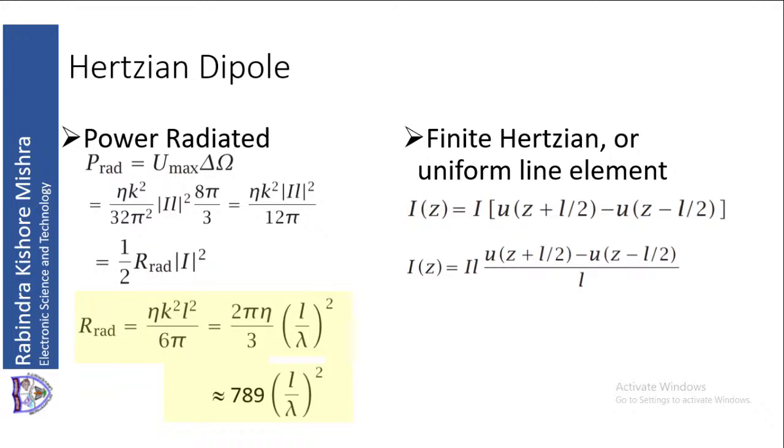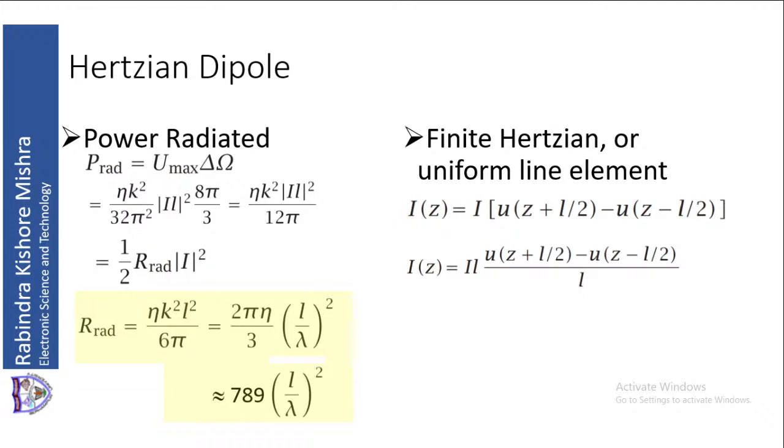Now many times in engineering, this is called a finite Hertzian dipole. It is not infinitesimally small, so it has a finite length, and it is called a finite Hertzian or a uniform line element.